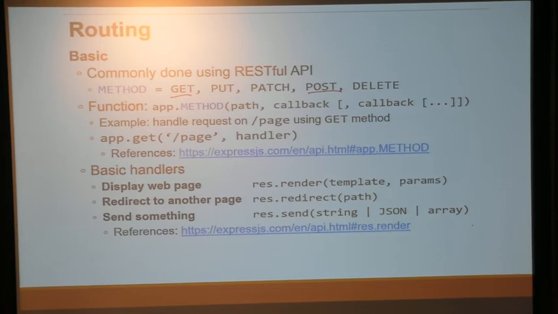The main difference between the two is that for the get, you have all your parameters right at the address bar. If you go to Google, you have google.com and then you have a question mark, I think like query equals something. This is your parameter. Everything after the question mark is your get parameter. You can extract those.